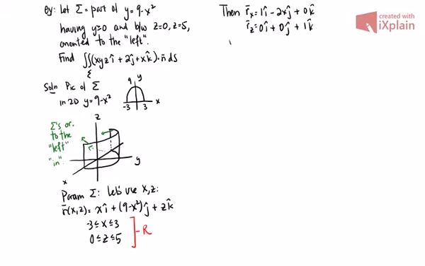Take the cross product. So I get negative 2x i, we get minus 1j, and we get plus 0k.